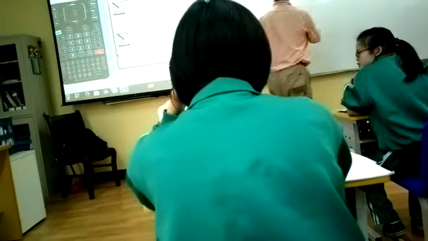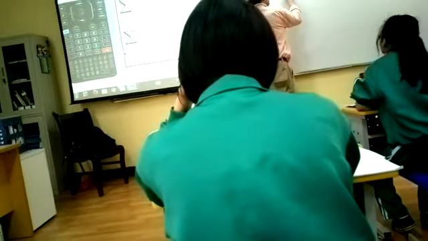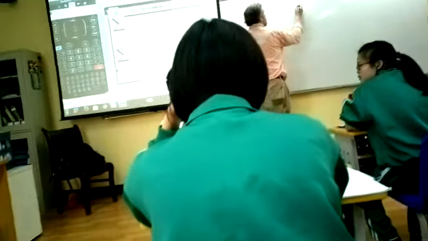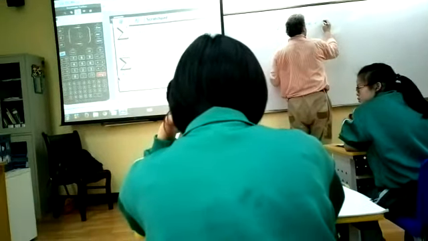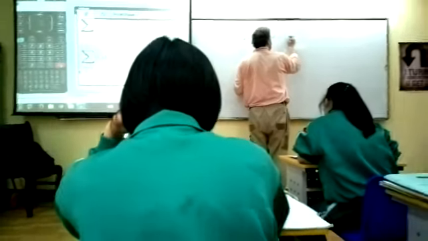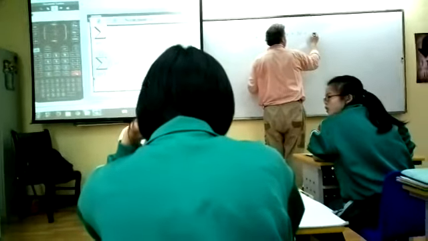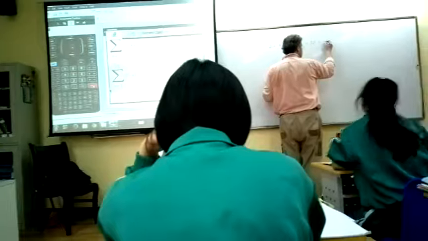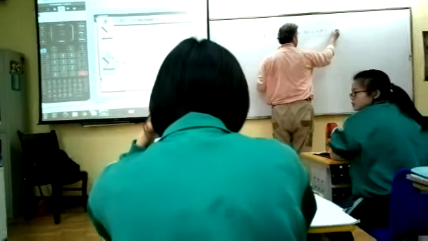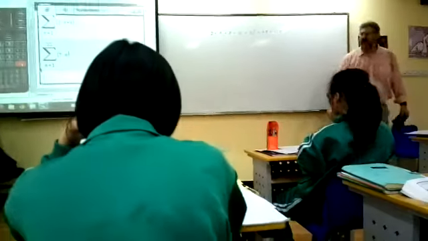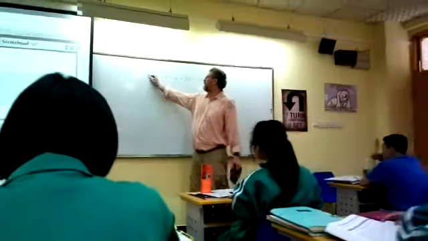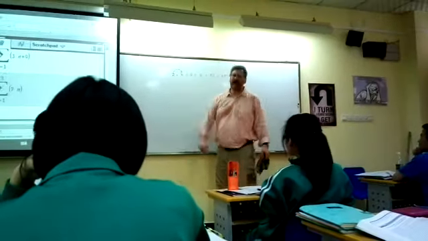This type goes like this. 2 plus 4 plus 8 plus 16 plus 32 plus 64 plus 128. Okay, what's happening here? From here to here, what's happening?